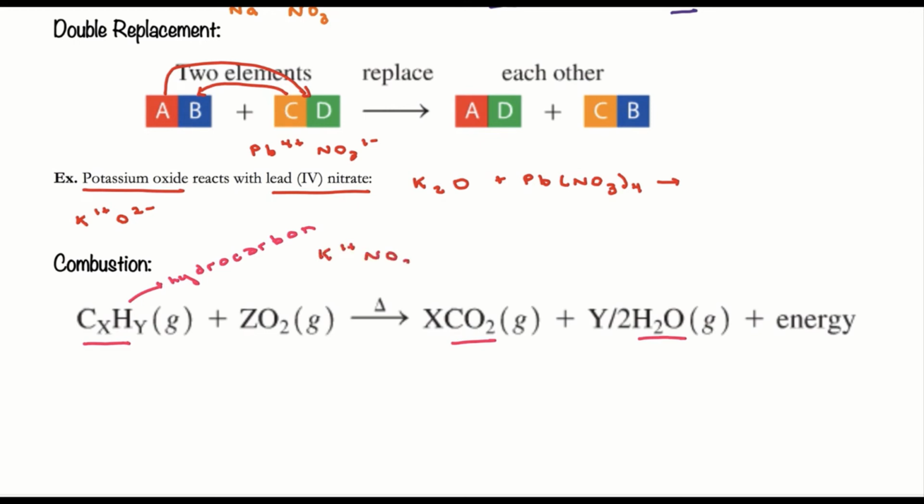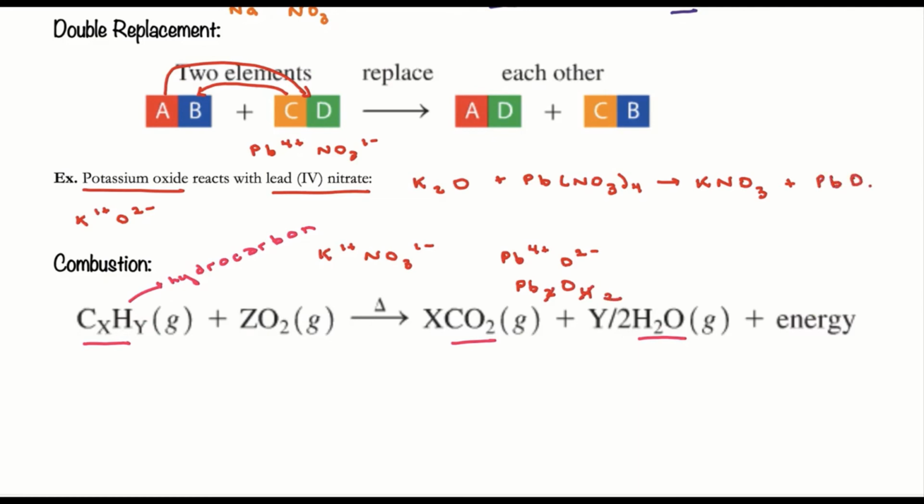So I've got to cross charges, and so that tells me I have KNO3. And then lead is going to form a compound with oxygen. So lead is 4 plus, oxygen is 2 minus. So when I cross my charges, I get PbO4. Keep in mind I need to simplify this. So it's going to be just PbO2.